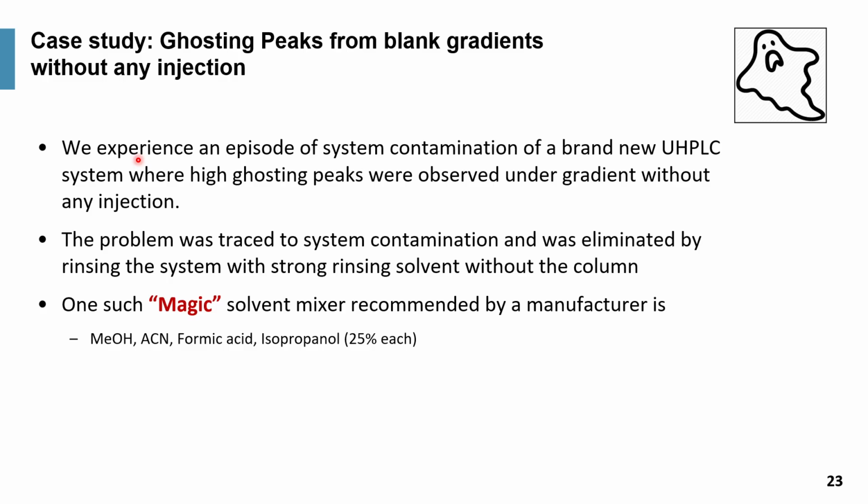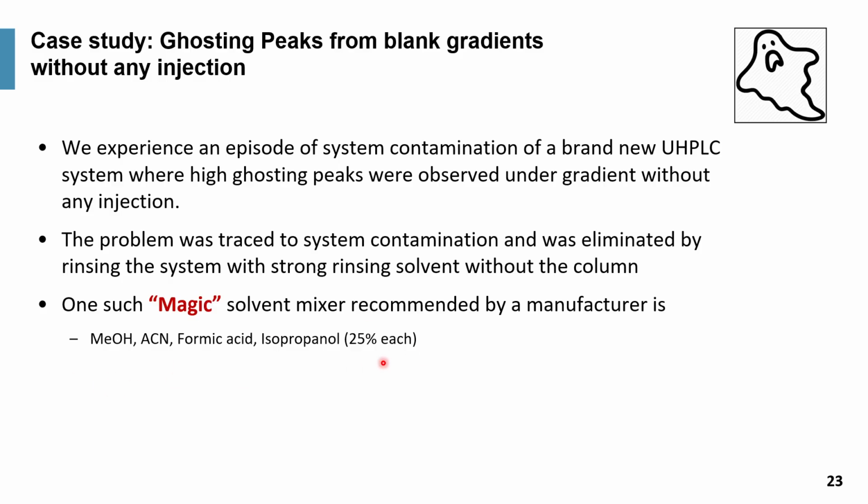So here is one situation that I have encountered where we see a ghost peak even without an injection, and that was eventually traced to a resistant contaminant in a brand new UHPLC system from a newer vendor. The vendor actually recommended the use of this magic solvent mix, which is methanol, acetonitrile, formic acid, and isopropanol, 4 weight percent each.